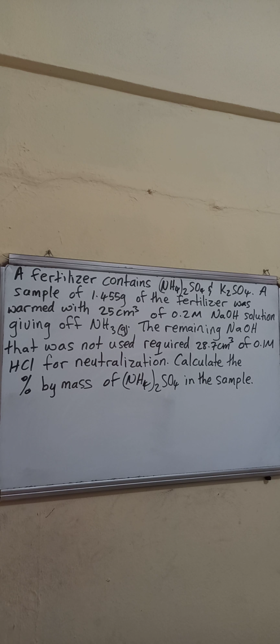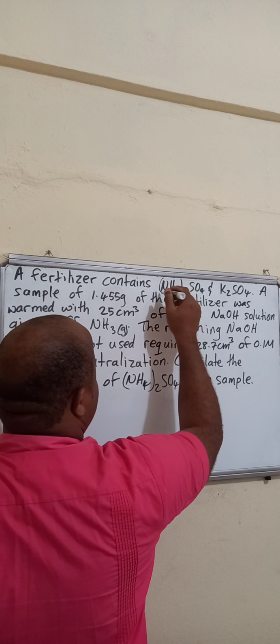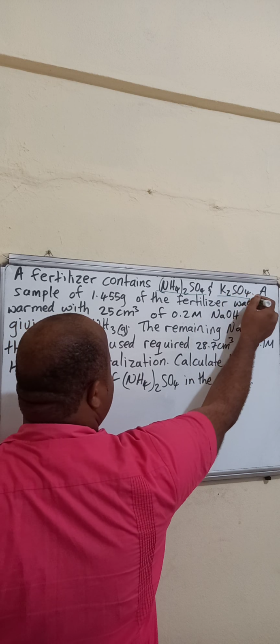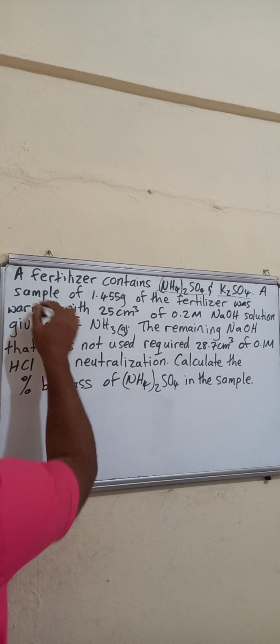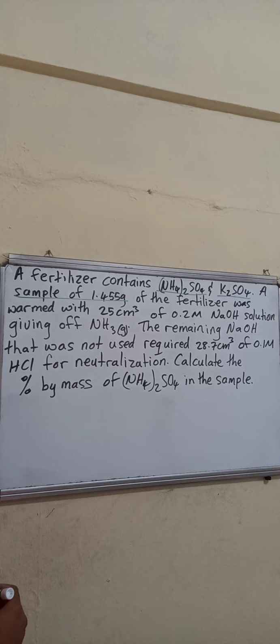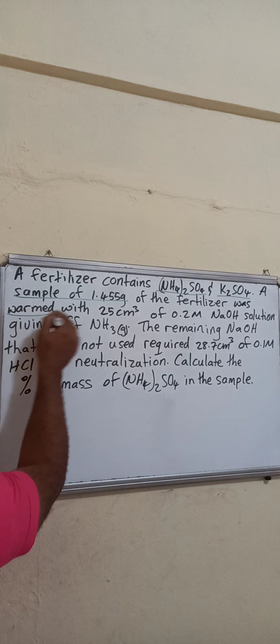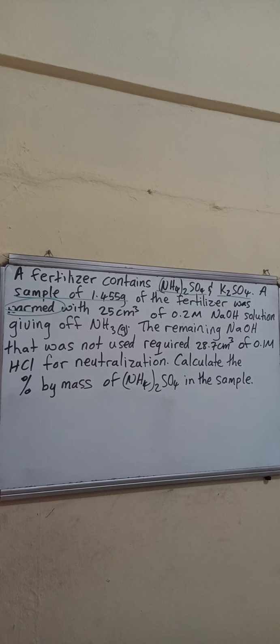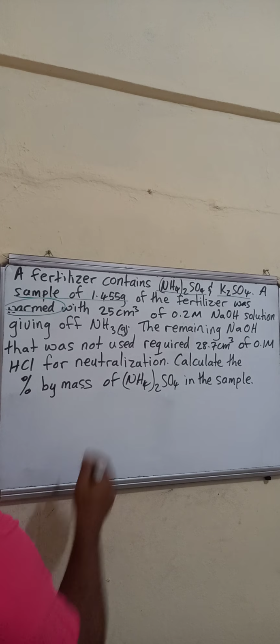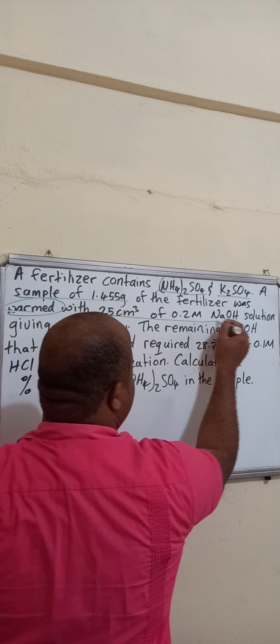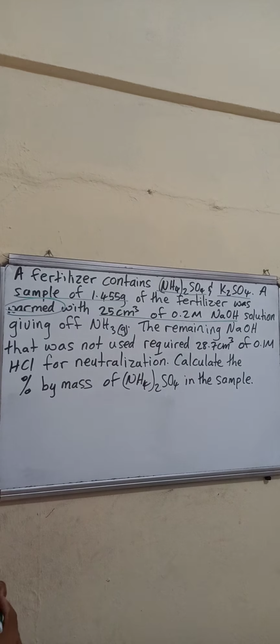Alright, so in this one, it says that a fertilizer contains ammonium sulfate and potassium sulfate. A sample of 1.455 gram of the fertilizer was warmed. That means a reaction is going to take place. We are mixing the fertilizer with sodium hydroxide. Alright?